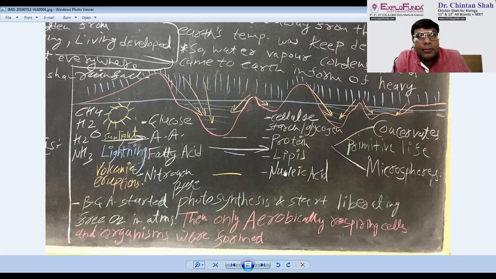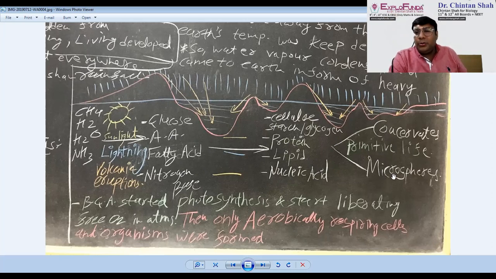Nitrogen bases will give rise to nucleic acids. Now these also combined together and gave rise to a primitive kind of life, which may be known as coacervates or microspheres.